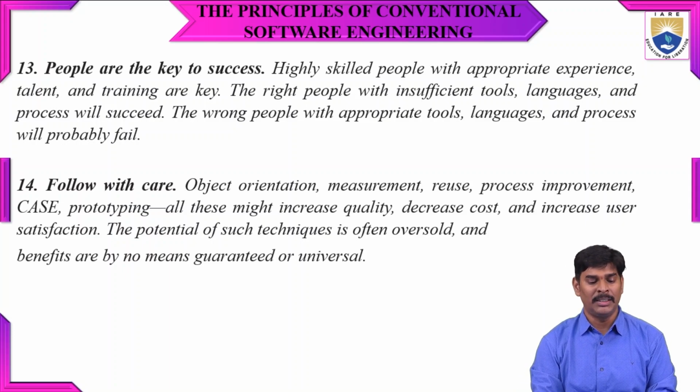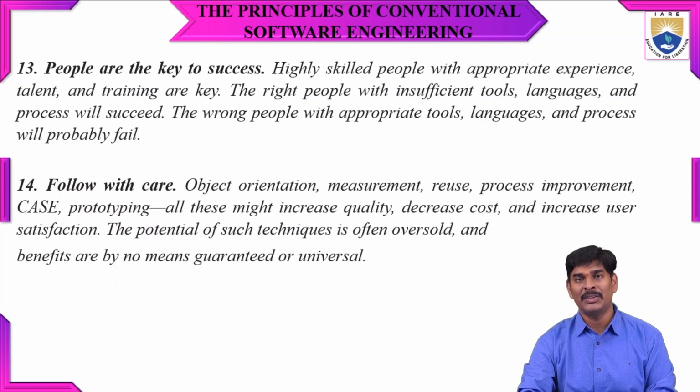And the 14th point is follow with care. While designing any product or software, mainly we need to consider object orientation, measurements, reuse, process improvement, CASE, and prototypes. When you consider these tools or techniques, then definitely we are going to improve the quality, minimize the cost, and customer satisfaction will be very high here.